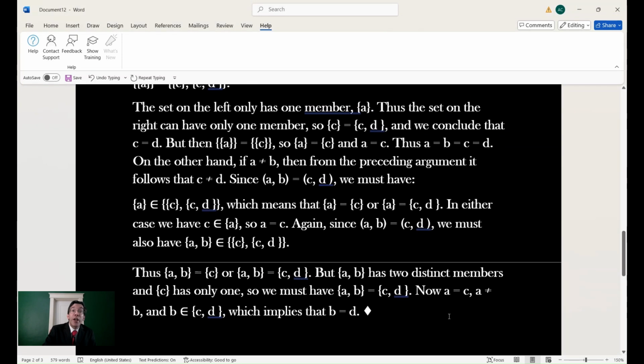I've used the set notation that we were discussing before in the previous videos. So do not dare to challenge the precision of formal mathematics. We have a proof here. We have a definition here.